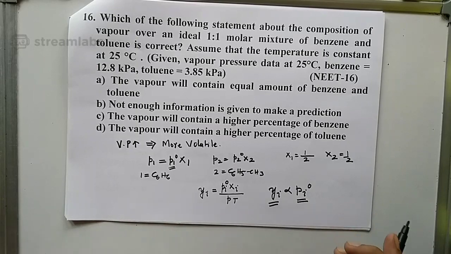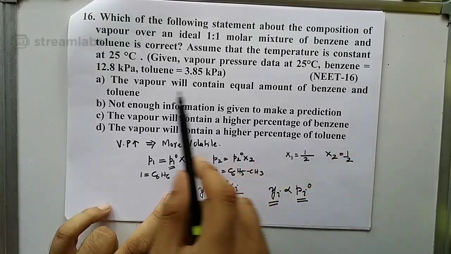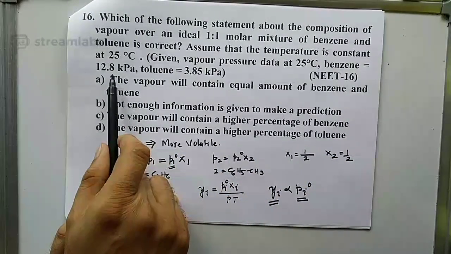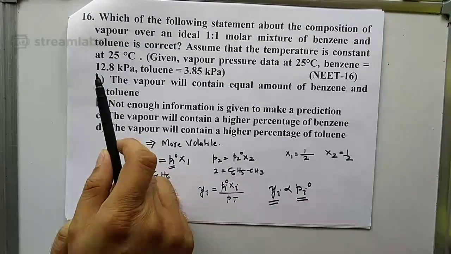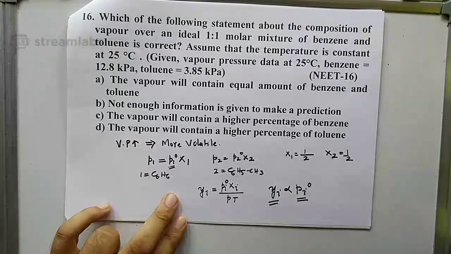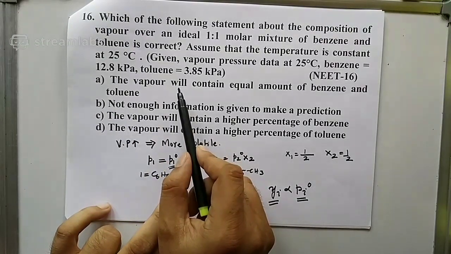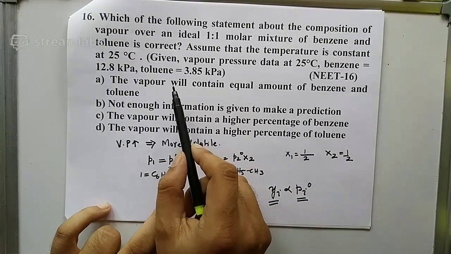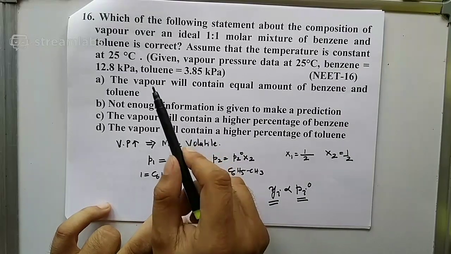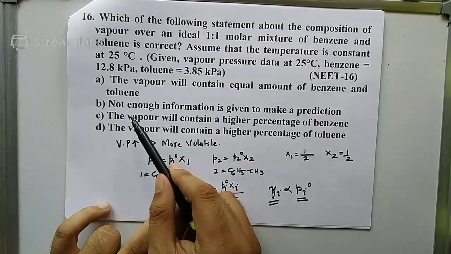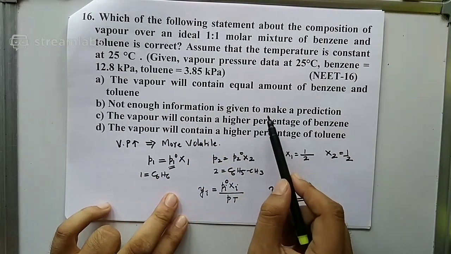So now you can see higher vapor pressure is there for benzene, so vapor phase composition would be more of benzene. First option, the vapor will contain equal amounts of benzene and toluene. Definitely no, because benzene's vapor pressure is more. Not enough information is given to make a prediction?